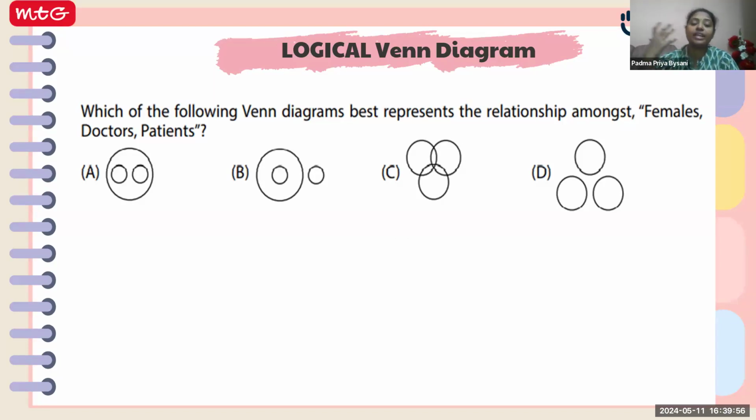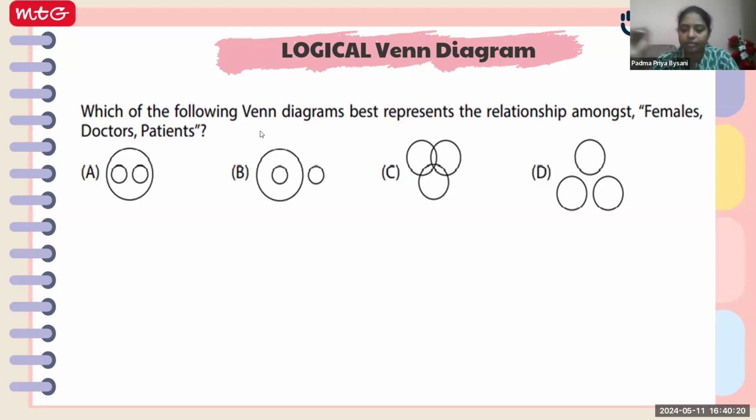Sometimes you will be in need of a position where you need to visualize the relation between the various words. Like here you have a question on the relation between three words: females, doctors, and patients. Now your question is, how do you make the relation between these three words?